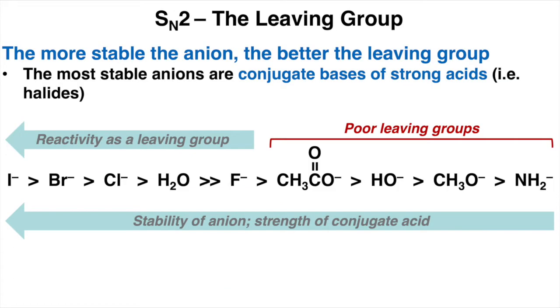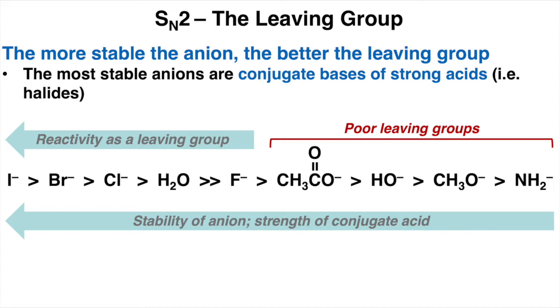There are a bunch of different kinds of leaving groups, but the good leaving groups are the conjugate bases of strong acids. Shown below is a list of leaving groups ranked from poor leaving groups on the right side to good leaving groups on the left side. For example, iodide or I- is the conjugate base of a very strong acid HI, making it a weak base.